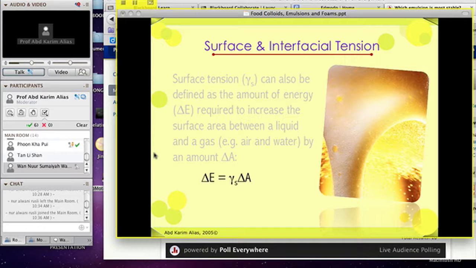Please type in the chat box. How do we supply the energy to disperse one phase into another phase? Can you all please type in the chat box? The question is, how do we apply energy, and what form of energy? Is it heat energy?